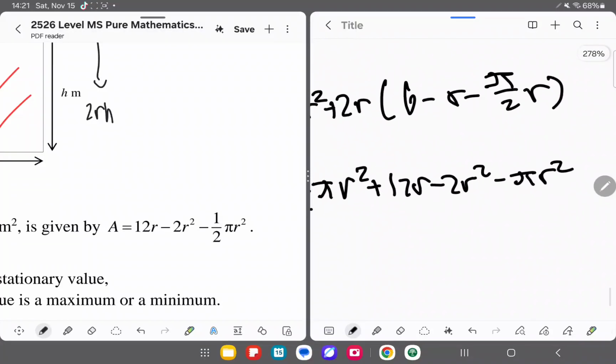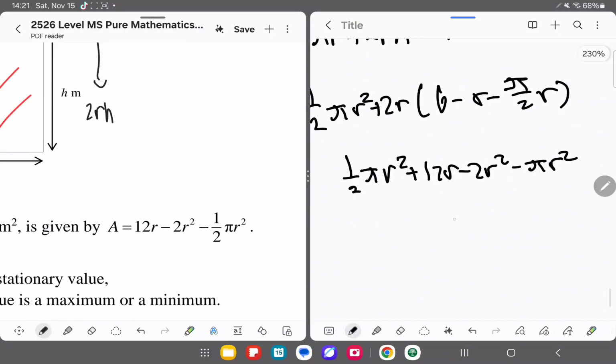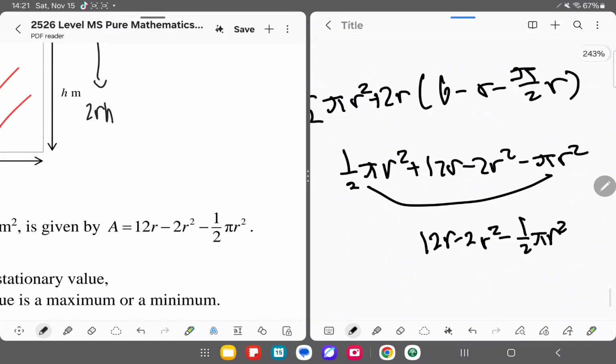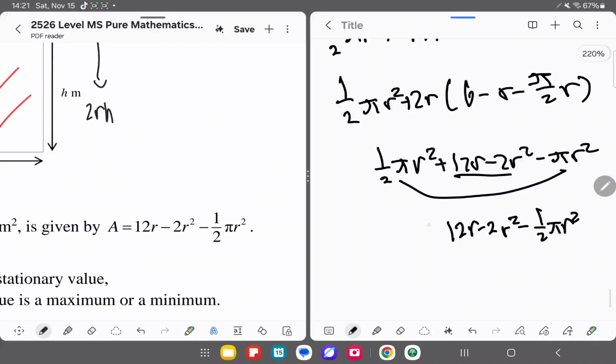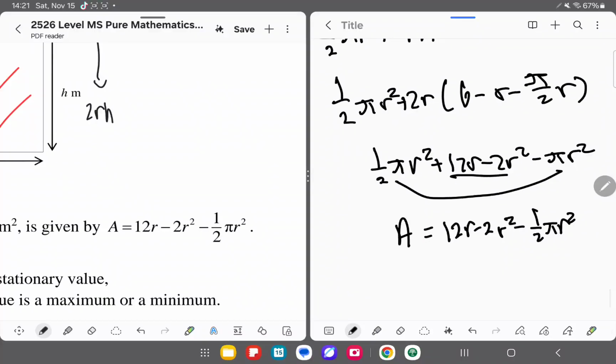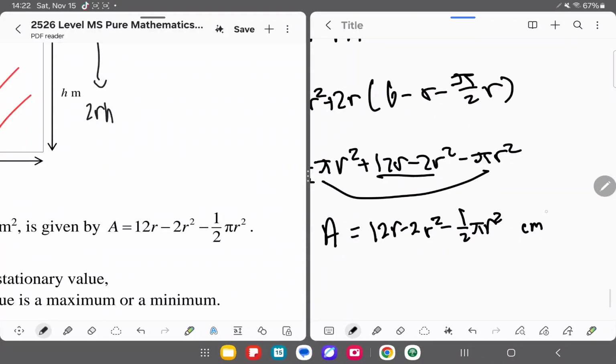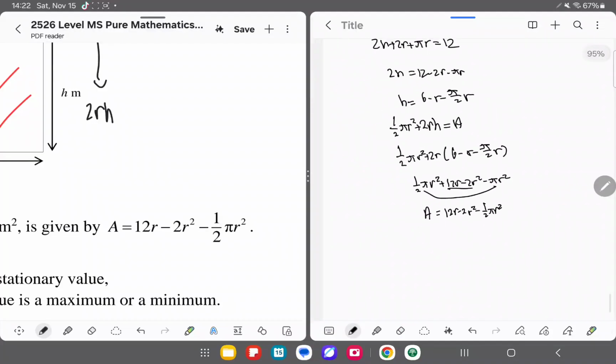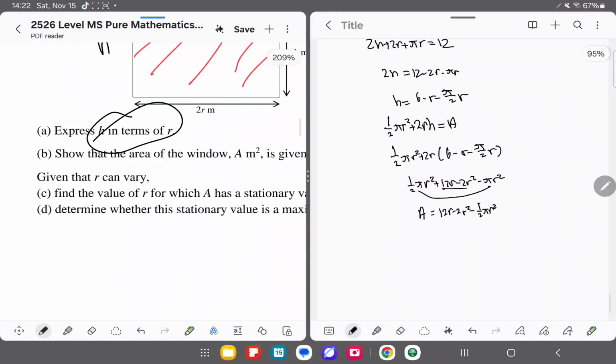And then we subtract and simplify, we get 12r minus 2r squared minus 1 over 2 pi r squared. By just adding these two, we'll keep this as is, and then we have area in terms of r. Not centimeter, it's meter squared. But they don't want that here, we just want to get until this point.